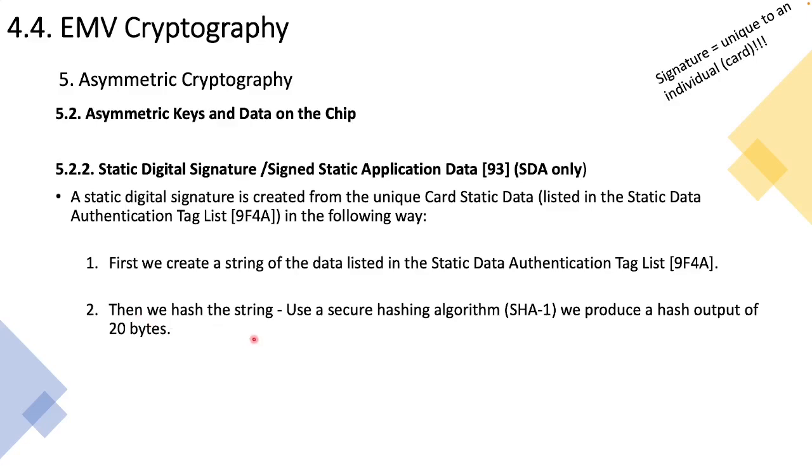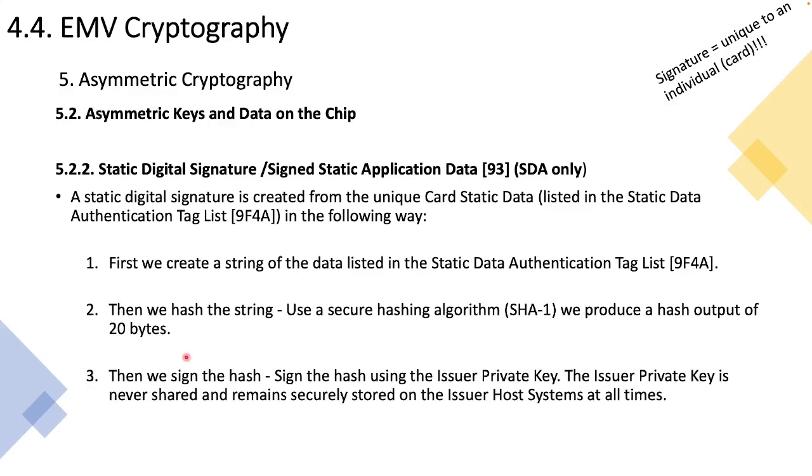Then we hash the string, using a hashing algorithm, SHA1, and this will produce a hash output which will be 20 bytes long. We then take this hash, this 20 byte string of data, and we sign it. What sign means is we encrypt it, using the issuer private key, IKPR.